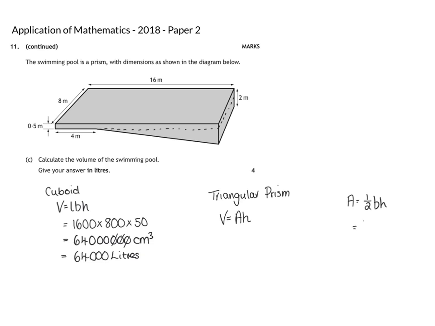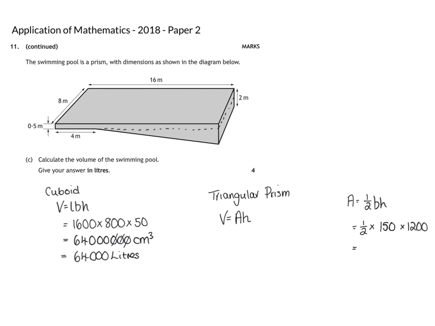So we're going to have a half. I haven't worked out the base yet, but it's 12 metres, so 1,200 centimetres. And then our base, so again looking here, it is 2 metres in the deep end, and the shallow end is half a metre. So we go half a metre, and then we've got another 1.5 metres. So another 1.5 metres is 150 centimetres.